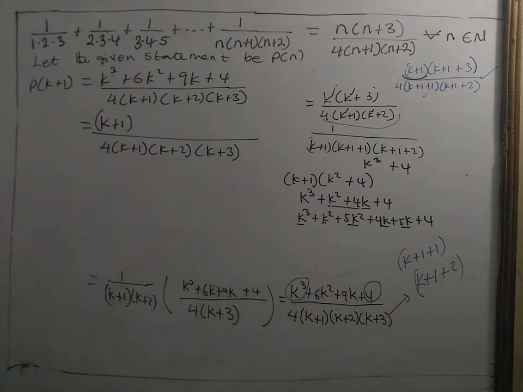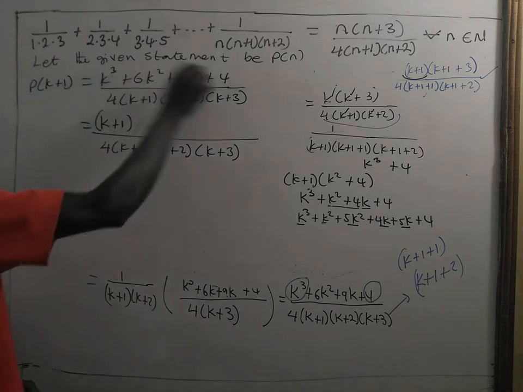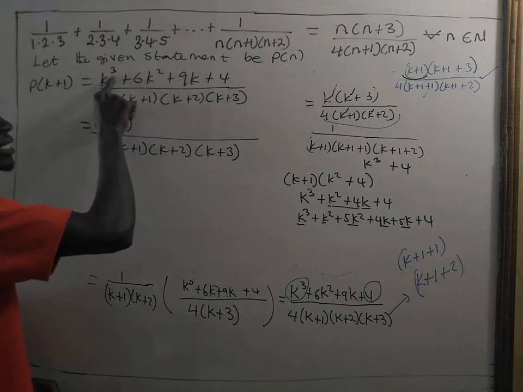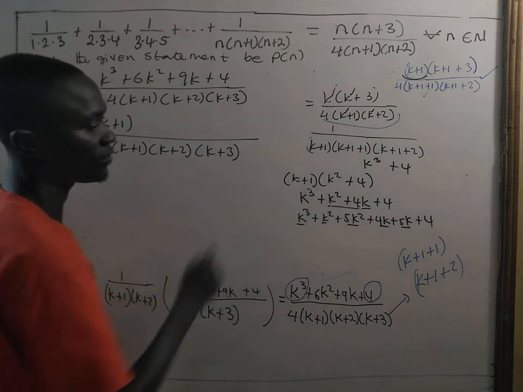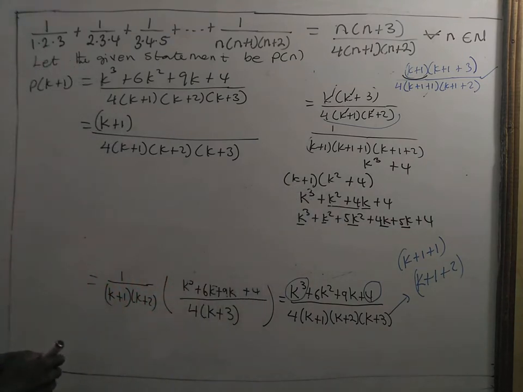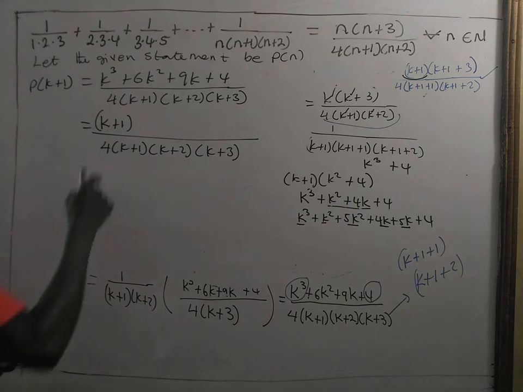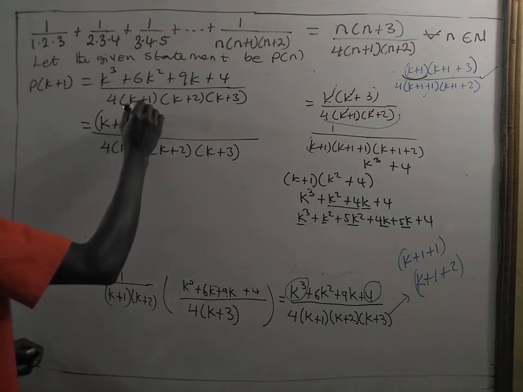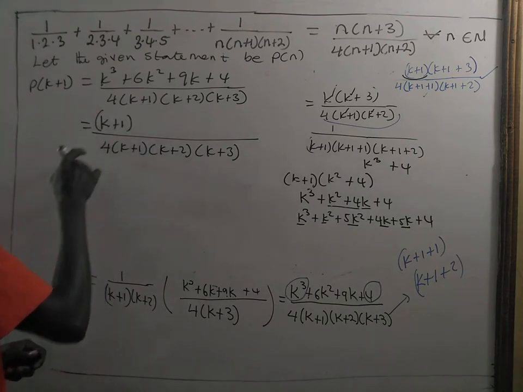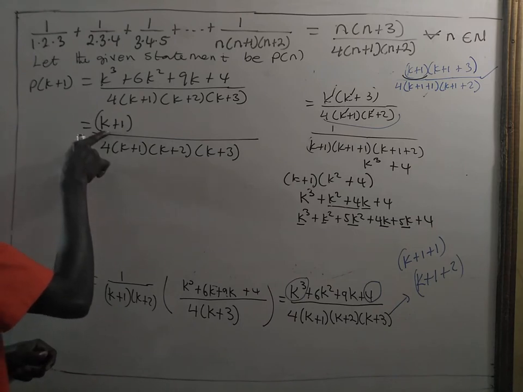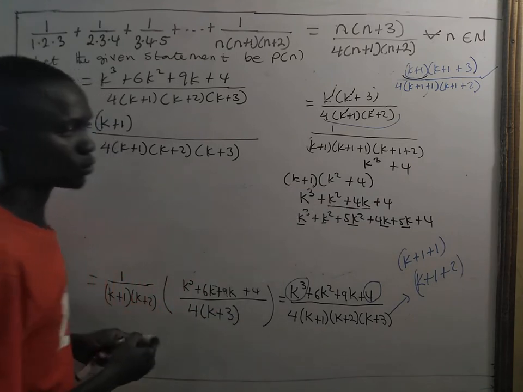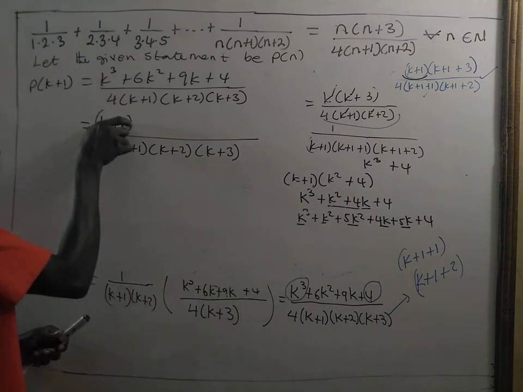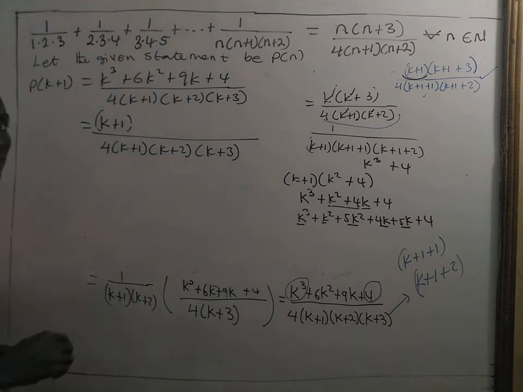Remember that we concentrated on only this one and that one and reduced this to k squared, since we are multiplying through by k to give us k times k. So let's see if it will help us. So we place this one here. But remember, I have multiplied through this one by k plus 1, so there is no need writing k plus 1 here again.